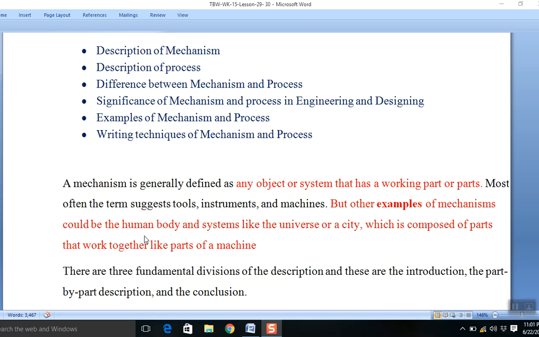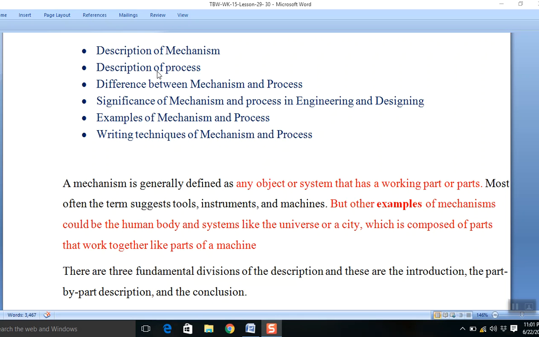Fine. So all these things actually are covered in writing mechanisms and process. So mechanism basically is a single functionality. For example, how a message is received in WhatsApp, clear, is single functionality.